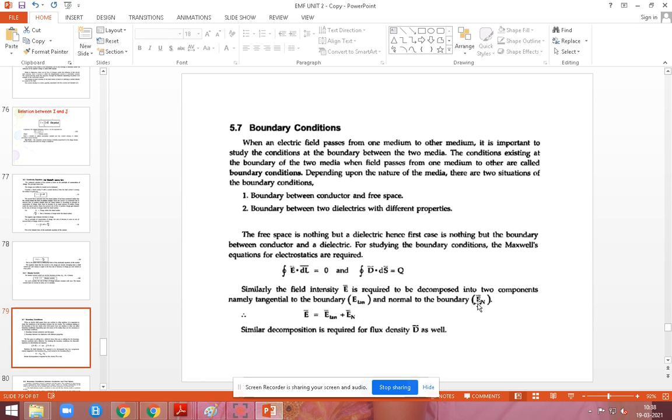Normal to the boundary means it will be at a right angle, tangential means it will be along the surface. The E vector can be represented in the two components, that is E tangential and E normal. Similarly you can represent the electric flux density also, D tangential and D normal. So the sum of these two components together is called the E vector.